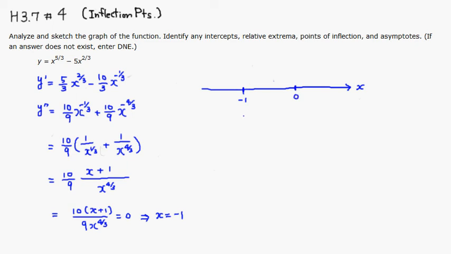Let's look at the sign of the second derivative. For anything smaller than negative 1, I will plug in negative 2. We just want to know the sign. Negative 2 plus 1 is negative, and because of the fourth power, the bottom is always positive, so negative over positive is negative.